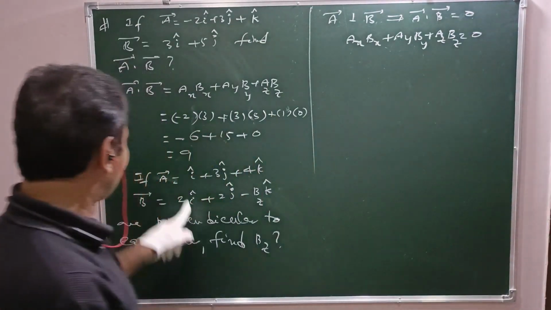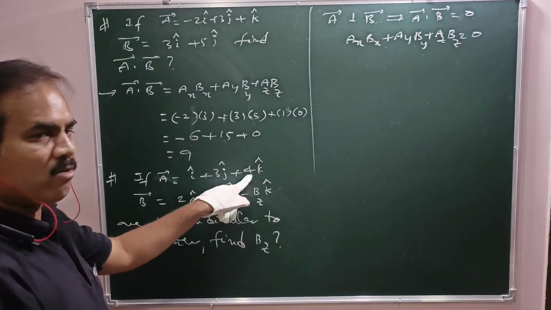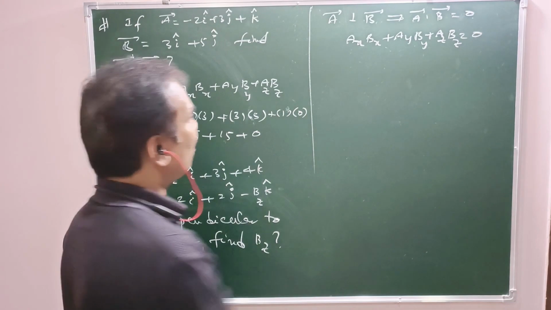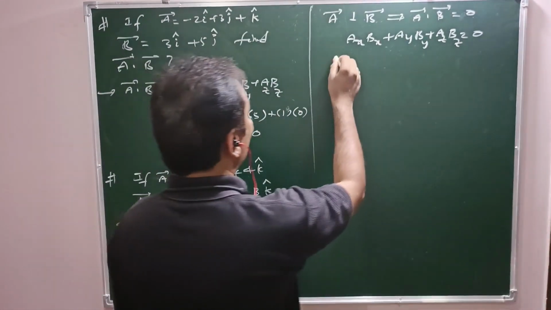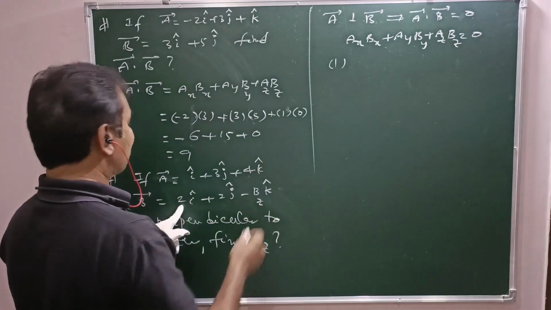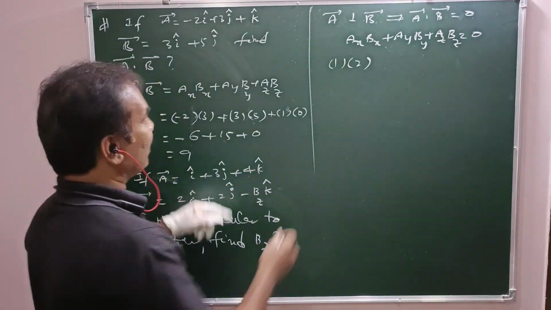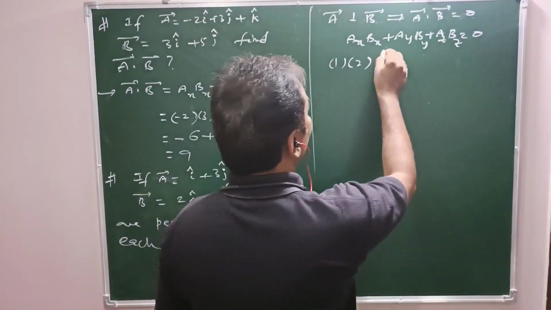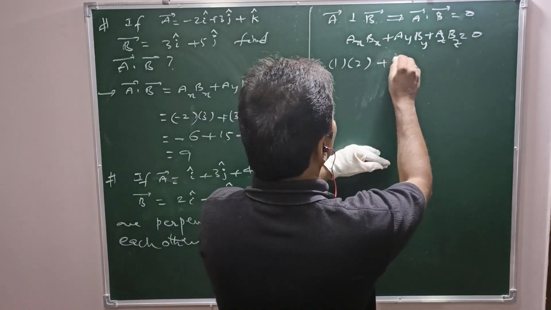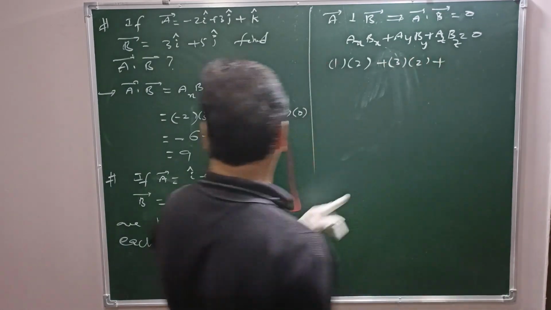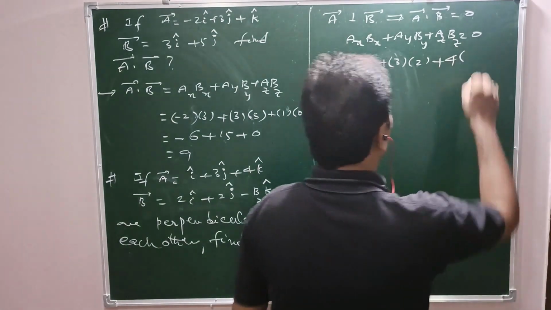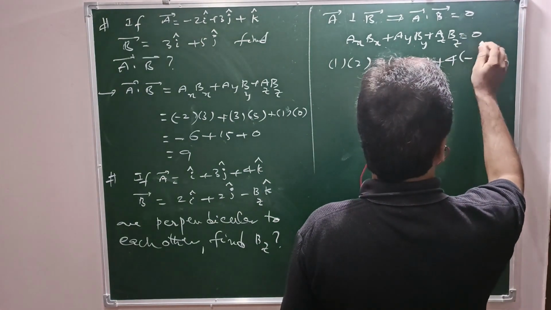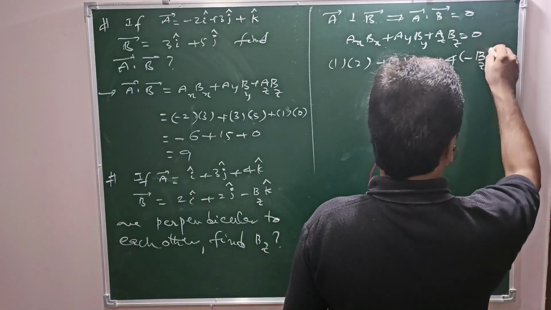Right? ax equal to 1, ay equal to 3, az equal to 4. Similarly, bx equal to 2, by equal to 2, bz equal to minus bz. That is ax 1 into bx 2, plus ay 3 into by 2, 3 into 2, plus az means 4 into bz, here minus bz, equal to 0.